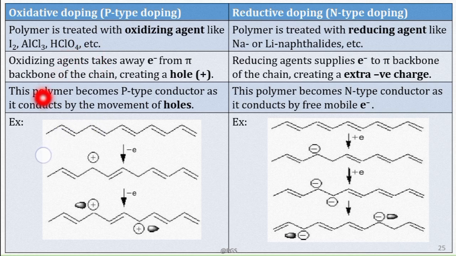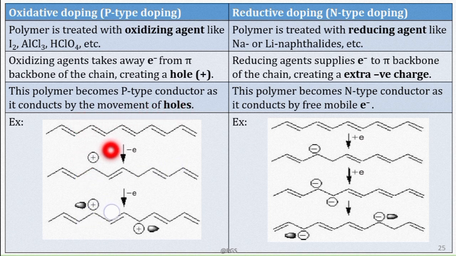So different oxidizing agents can be used. The oxidizing agent takes away electrons from the pi backbone of the chain, creating positive holes. Okay, and these polymers become p-type conductors as they conduct by the movement of positive holes.